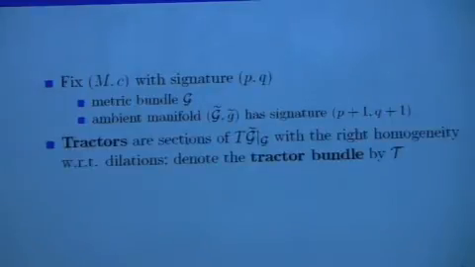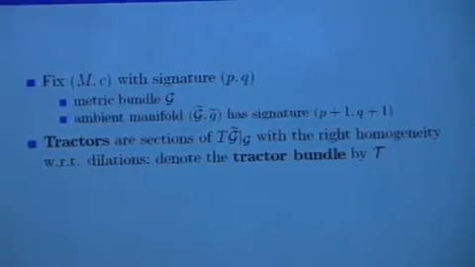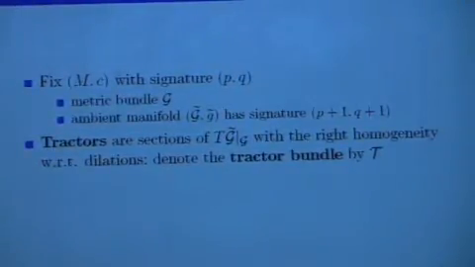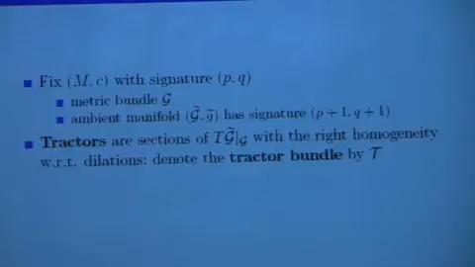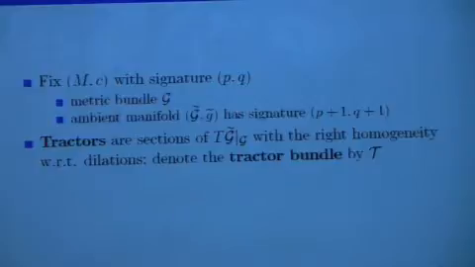Tractors are, this is not a standard definition of tractor, but this is the definition that makes this talk the shortest. Tractors are going to be vector fields, or restrictions of vector fields on the ambient manifold, restricted to the metric cone or the initial surface, with the proper homogeneity with respect to dilations, the maps Robin called delta S in his talk.